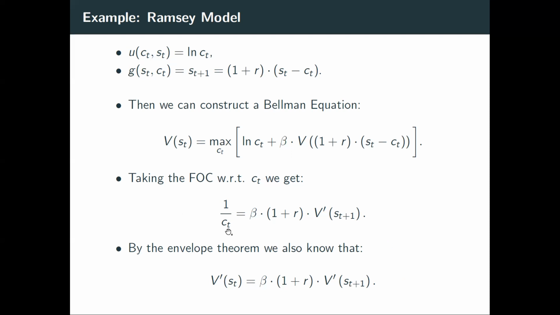If you take a look at the left-hand side, we have CT, here we have constants. So at this stage, it looks quite good. Our goal, remember, is to find optimal CT. But what is not good, we have the value function here. We have really no clue how this value function looks like. And the value function, you should always remember, is an auxiliary object. We are not interested in finding the value functions.